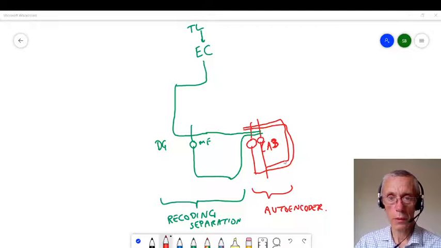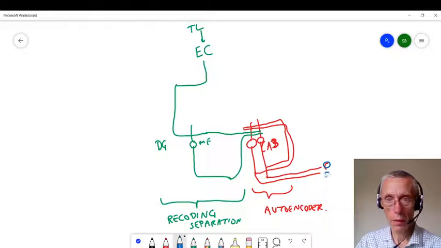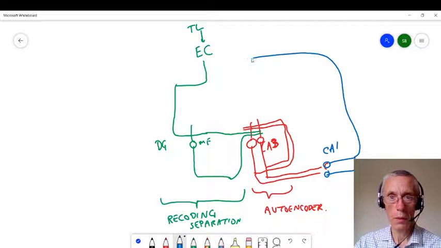These outputs then go to CA1, a different colour for those, blue, and that provides the output back up to the entorhinal cortex.